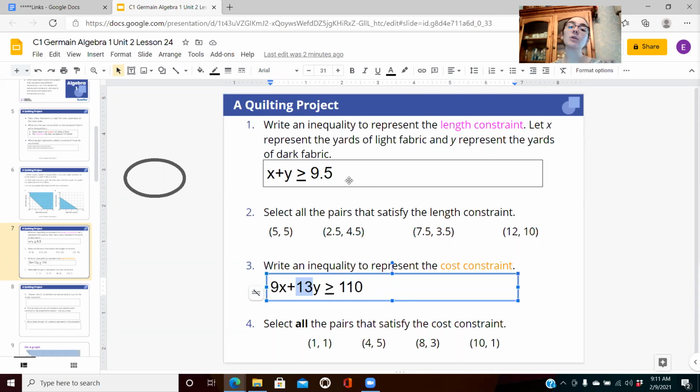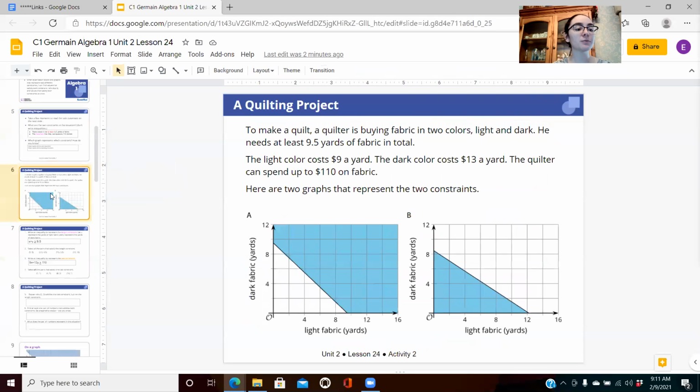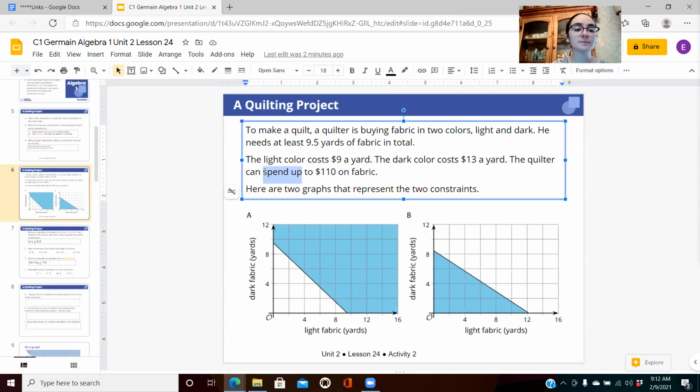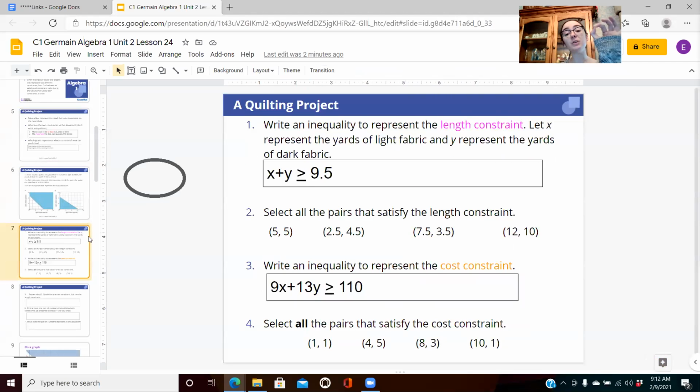The reason that we're saying or equal to, what is the indicator in the story itself? If we look at the story itself, it says spends up to $110. When you say up to, that means up to and including that $110. So we would use that or equal to for that second one there as well.